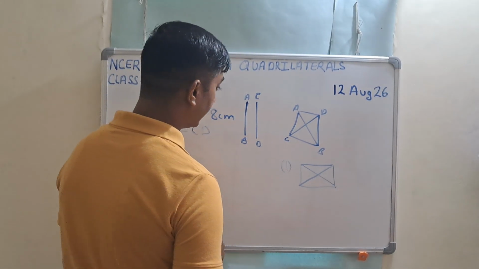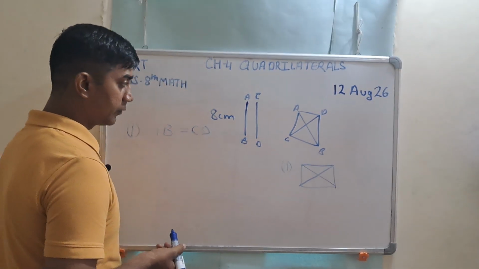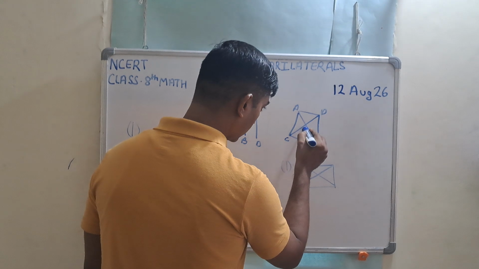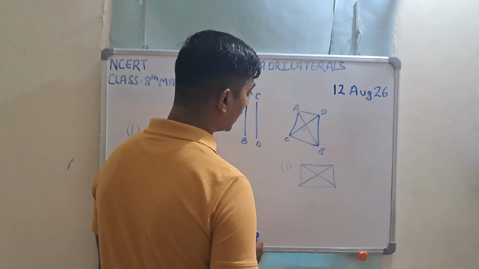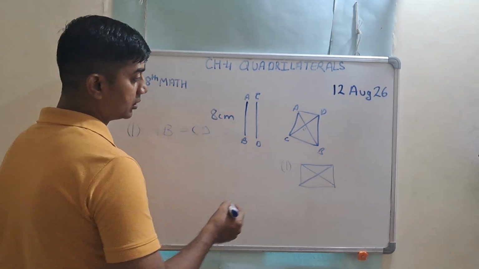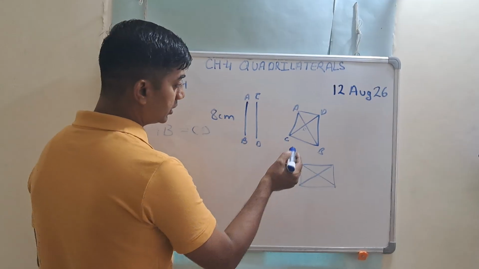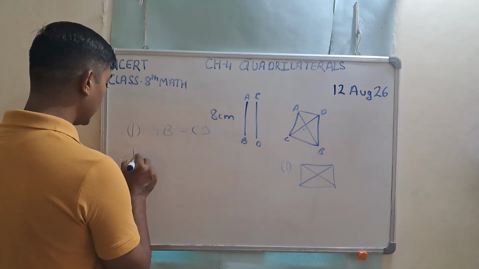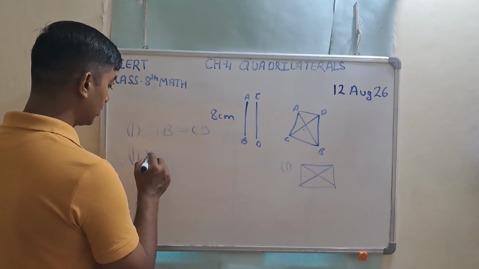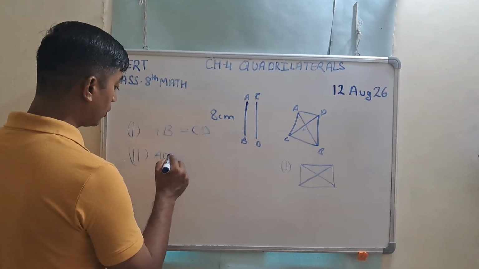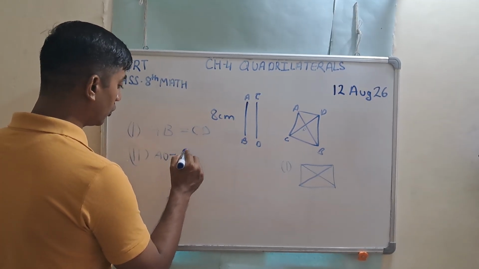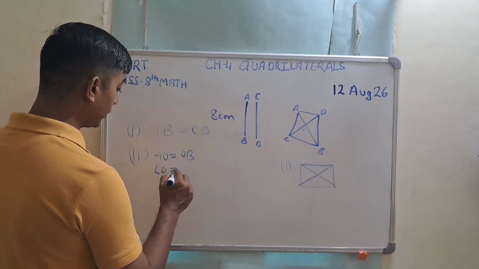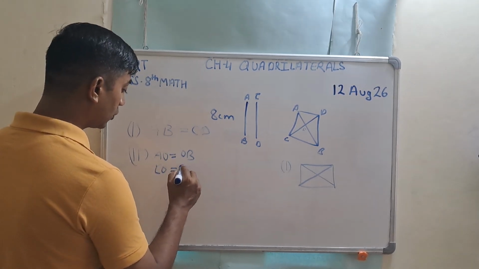In the next point, what we have deduced is that if this is the point of intersection, then how are these related? We found that AO is equal to OB and CO is equal to OD.